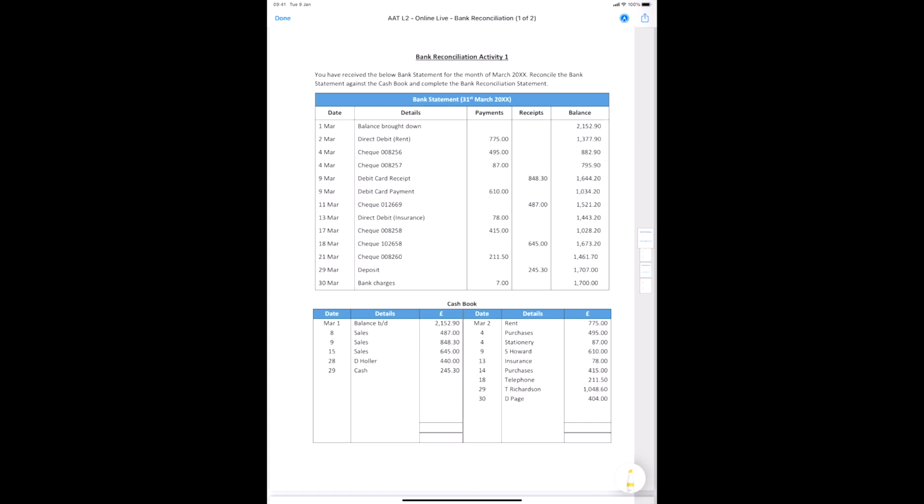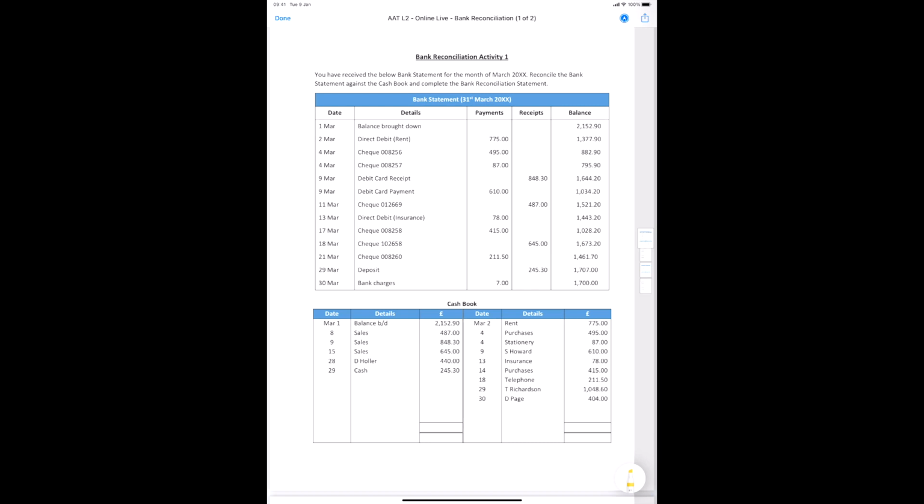When we do look at these tasks, it's never going to be a perfect matchup. There will be timing differences which we need to identify, and that will be quite a big part of this process. The two timing differences that we will be looking at are outstanding lodgements and unpresented cheques. Outstanding lodgements are any cheques that have been received, which we have entered into the cash book, but are not quite showing on the bank statement yet.